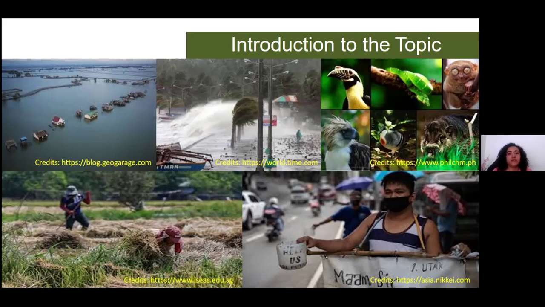This warming is causing a cascade of environmental changes that you can see in the pictures, including the rising of sea levels, affecting coastal cities. I don't know, but I guess that in the Philippines you probably have islands that are at risk of inundation.